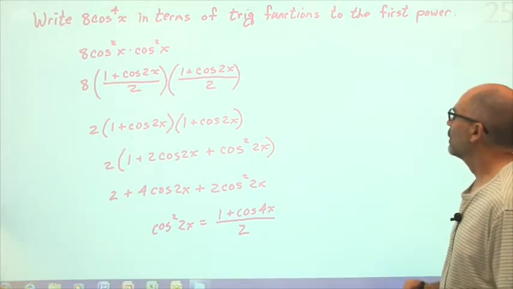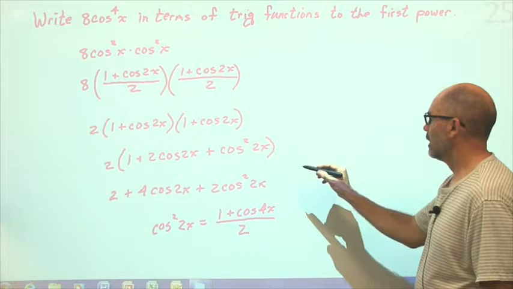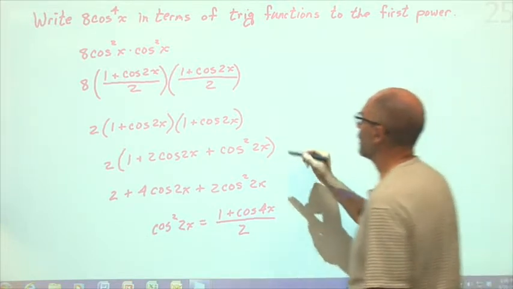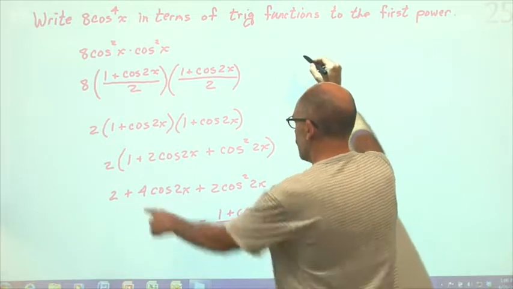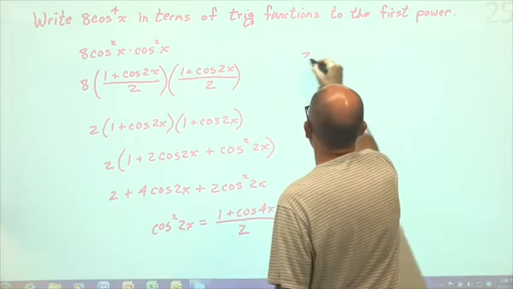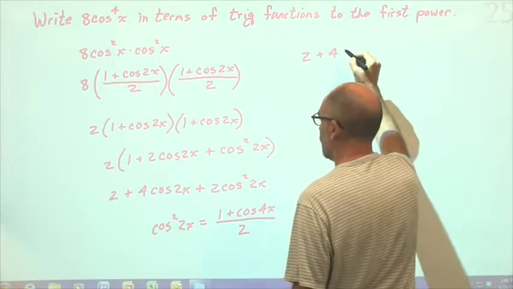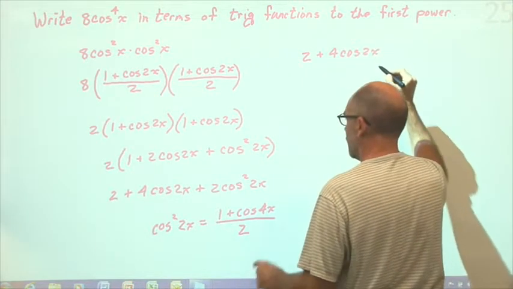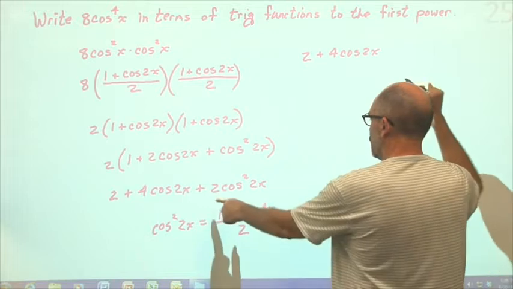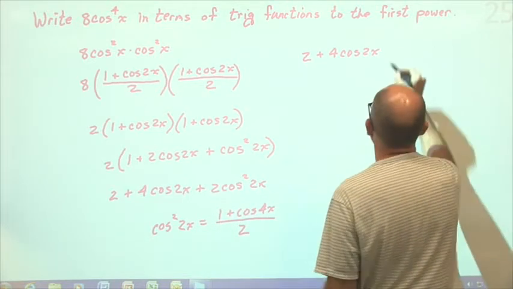So now the final answer is going to be 2 plus 4 cosine 2x plus 2 times this thing.